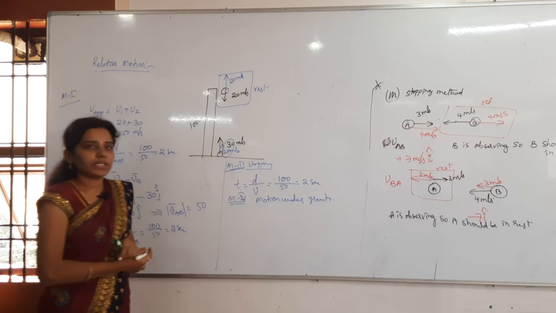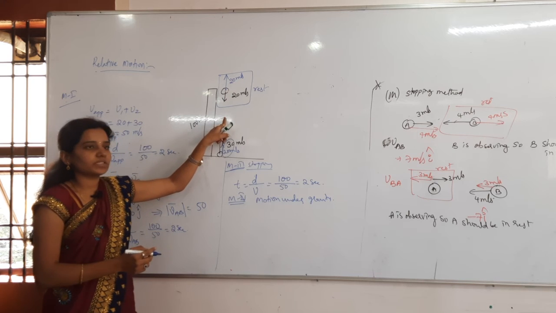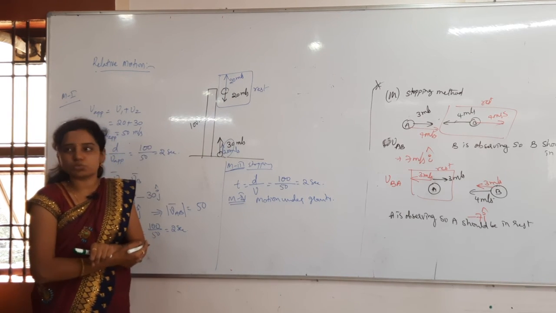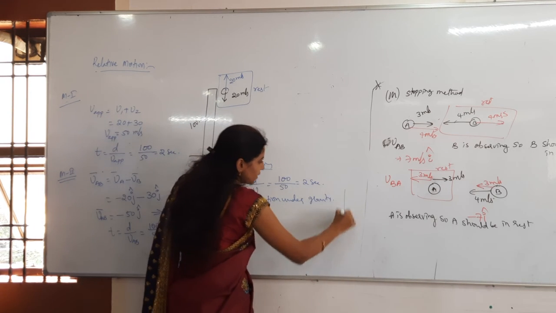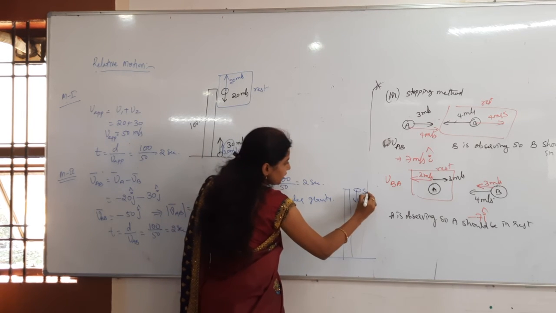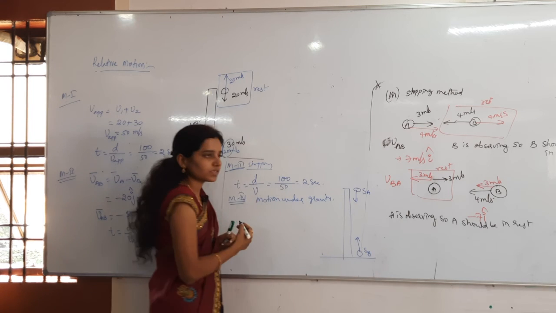let me take that in time t, body A is moving a distance of S1 and body B is moving a distance of S2. Let me draw the diagram again. A is moving SA and B is moving SB distance.